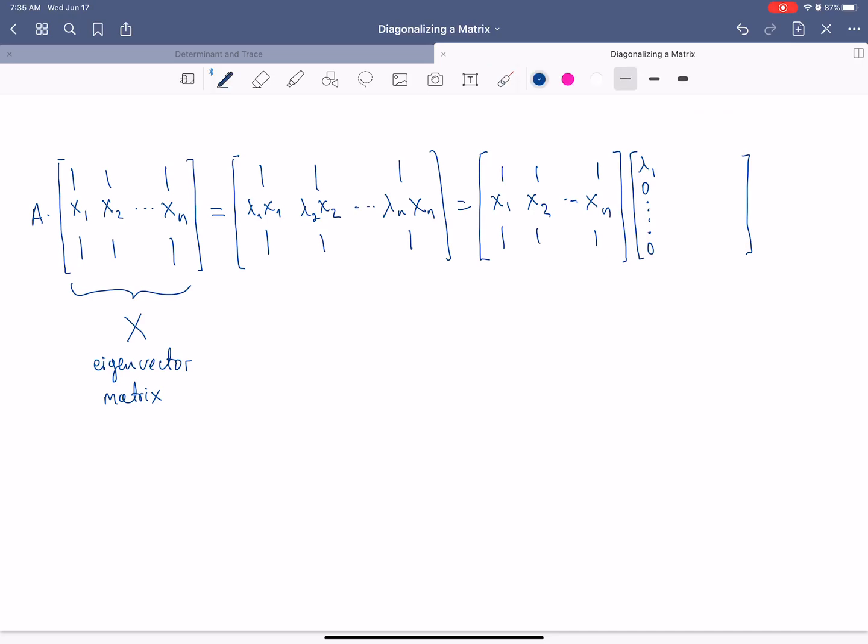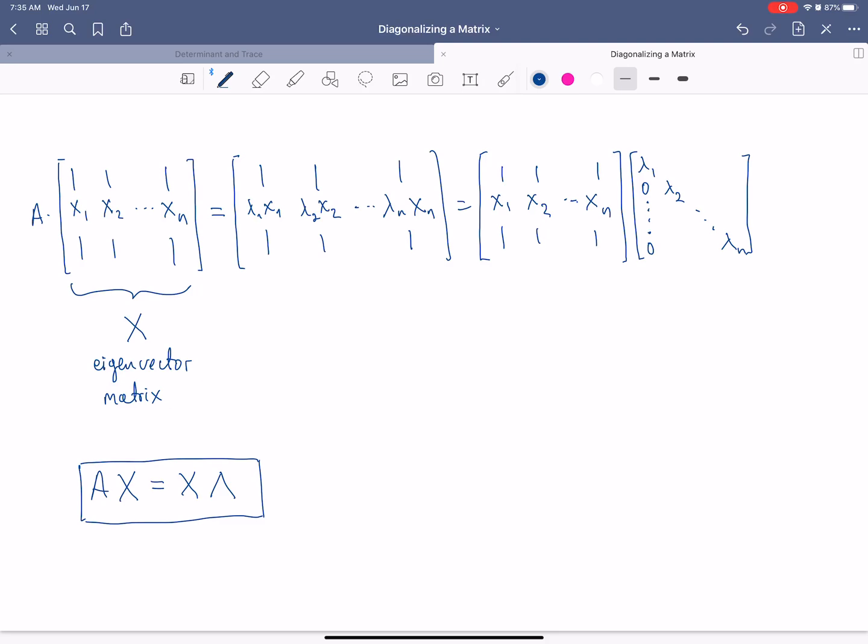So immediately you see that you get a diagonal matrix with lambda 1, lambda 2, all the way to lambda n along the diagonal. So what we have here is A times X on one hand and X times lambda on the other. This is how we get A times X equals X times lambda.